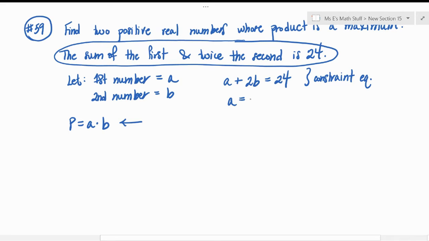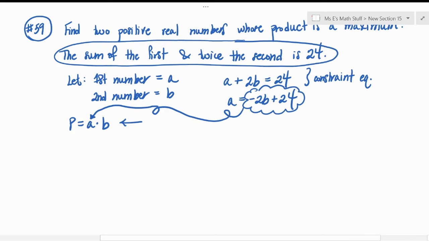I'm going to subtract the 2B over, and then take this expression and substitute it in for A in the product function. You're going to replace A with the quantity negative 2B plus 24. Now I have it all in terms of B.